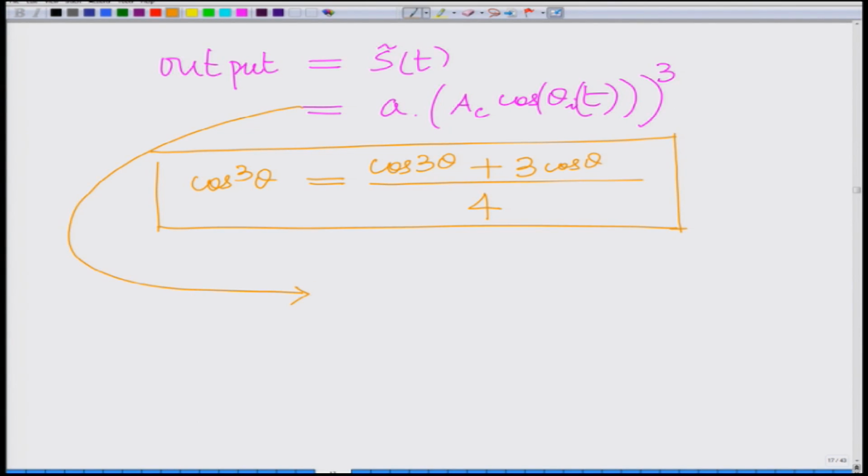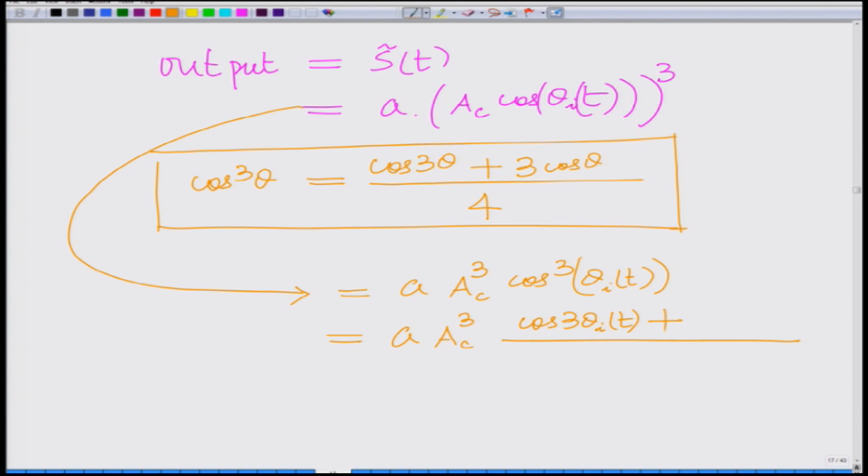So, the output is a Ac cube cosine cube theta i(t), which I can write as a Ac cube times cosine 3 theta i(t) plus 3 cosine theta i(t) divided by 4.